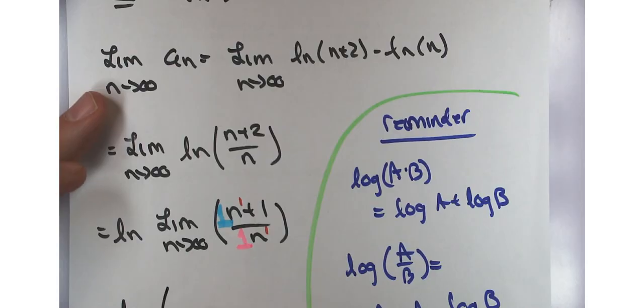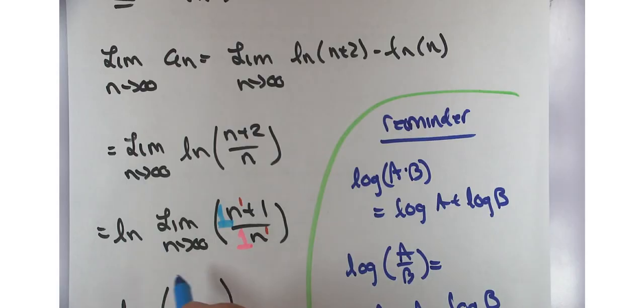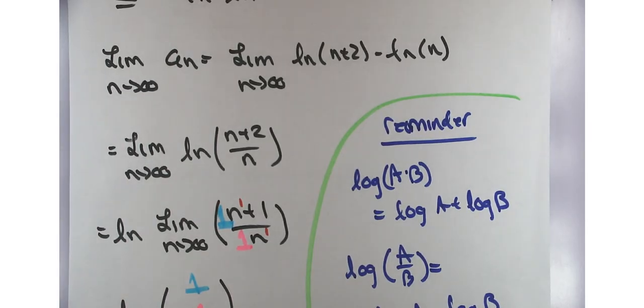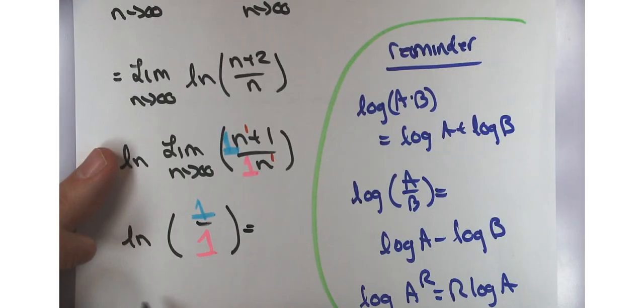You're going to get 1 over 1, which is just 1. I'll write 1 over 1 in case you're looking at these notes later and wondering where I got that. It's just the ratio of those two leading coefficients. Help me out here. What's the log of 1? 0. Just like the graph says.